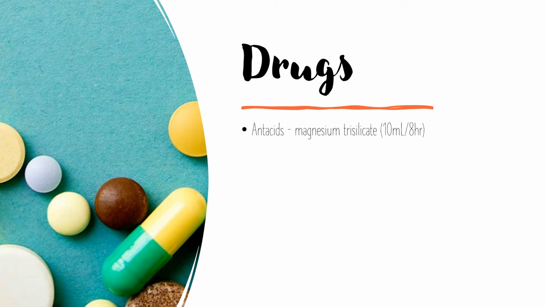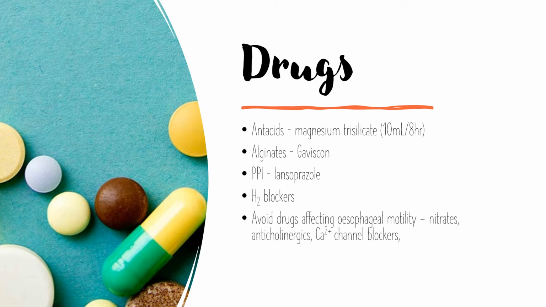Well, there's antacids like magnesium trisilicate, alginates like the brand Gaviscon, PPIs like lansoprazole, and H2 blockers if the symptoms are really refractory. They should also avoid those drugs which may be making their symptoms worse, like anything that affects esophageal motility or those that damage the mucosa. This is one of the reasons why we prescribe PPIs for people on long-term NSAIDs.